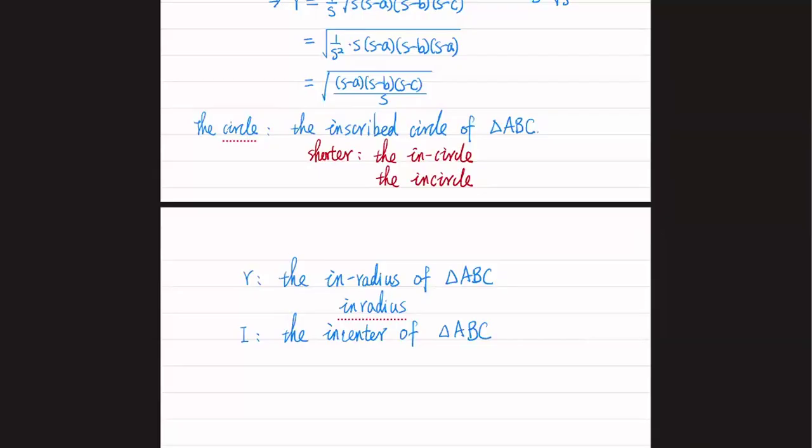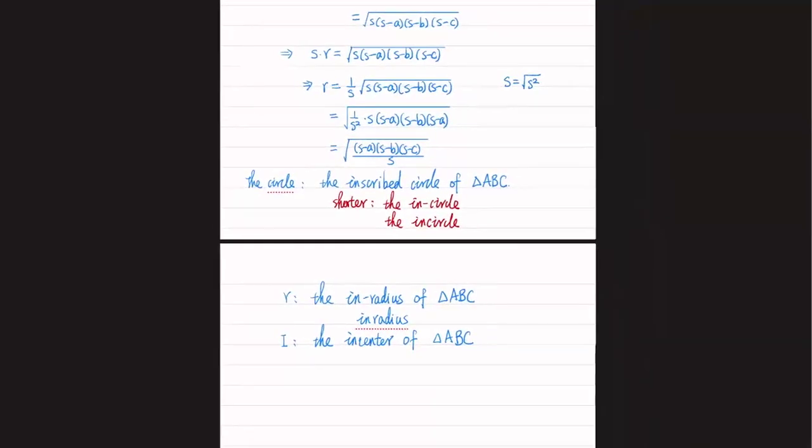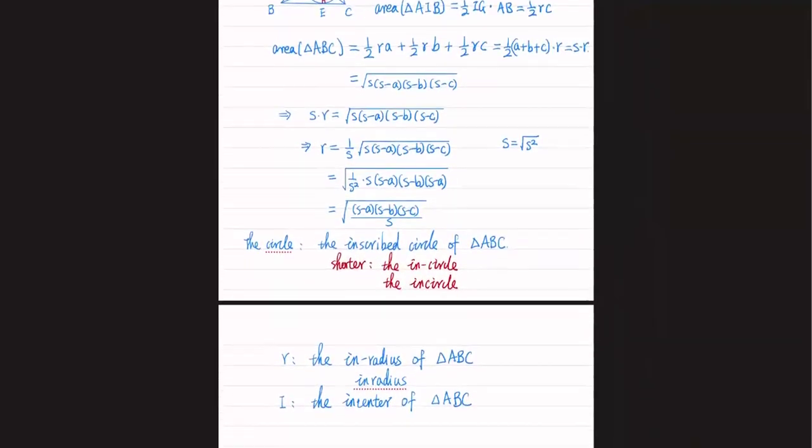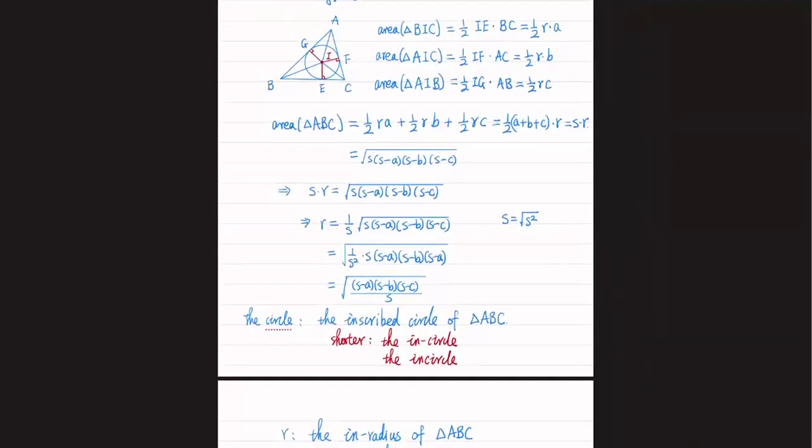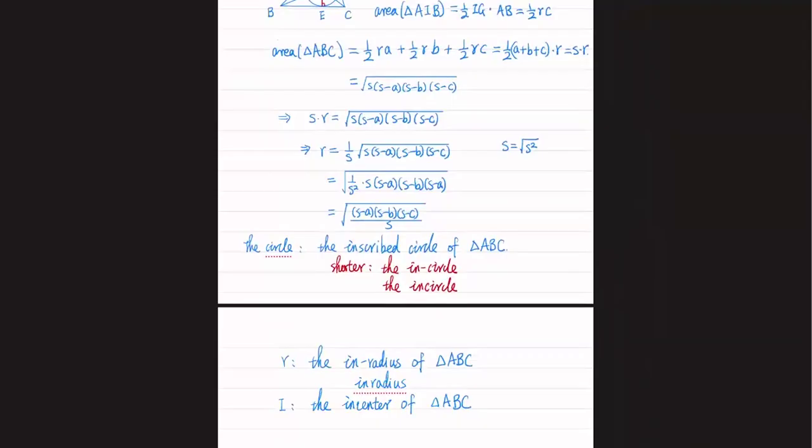Okay. We have the inscribed circle. Then we define the inradius of the triangle to be the radius of the incircle. And the center, we call it the incenter of the triangle.